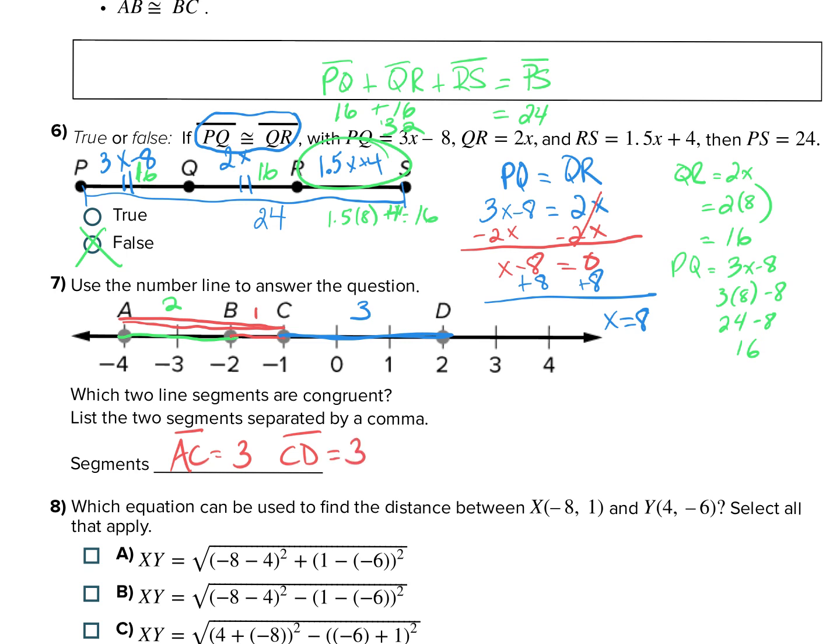So those are the 2 line segments that are congruent. And although it doesn't ask you to write the congruent statement, that is what the congruent statement looks like. But based on the question, you would just have to list AC, comma, CD.